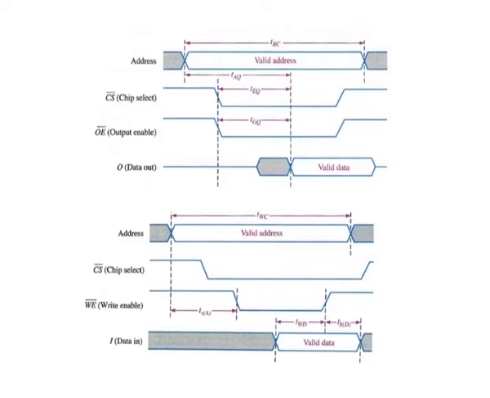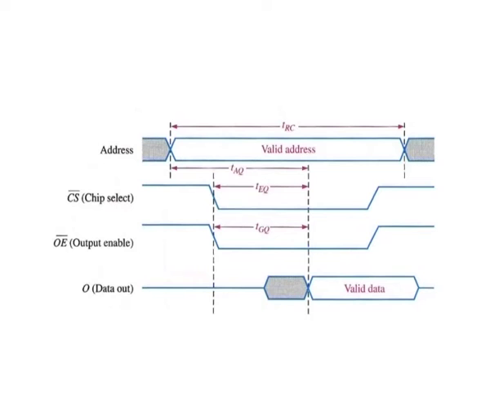Read and write cycles. Figure shows typical timing diagrams for a memory read cycle and write cycle. For the read cycle, a valid address code is applied to the address lines for a specified time interval called the read cycle time.